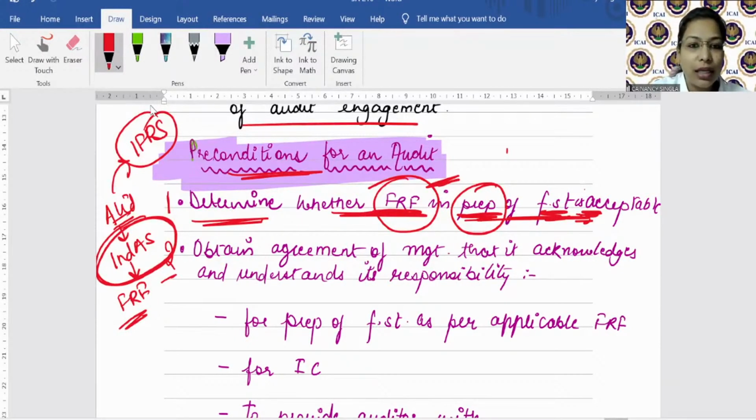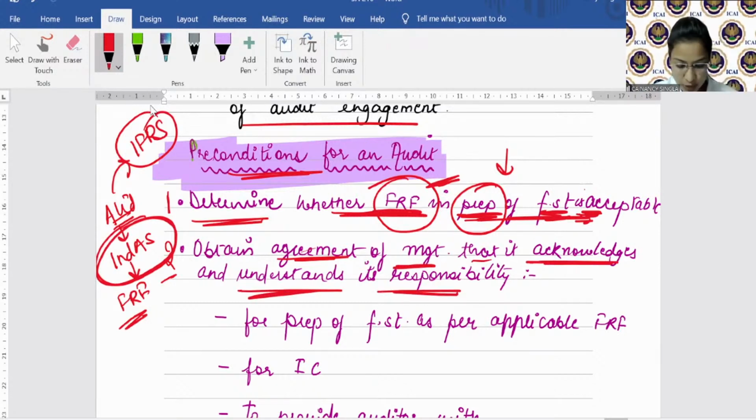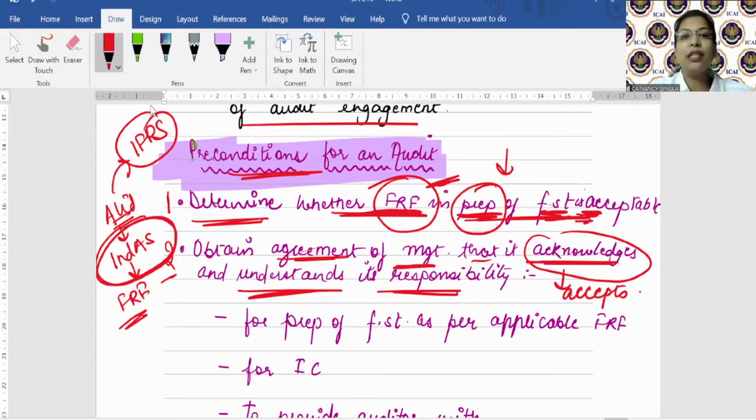Secondly, in the preconditions, the first thing we saw was whether the FRF is acceptable or not. Secondly, we will obtain an agreement with the management that it acknowledges and understands its responsibility. It acknowledges means it accepts. We will ask the management: you know that you are responsible for all these things. What things?